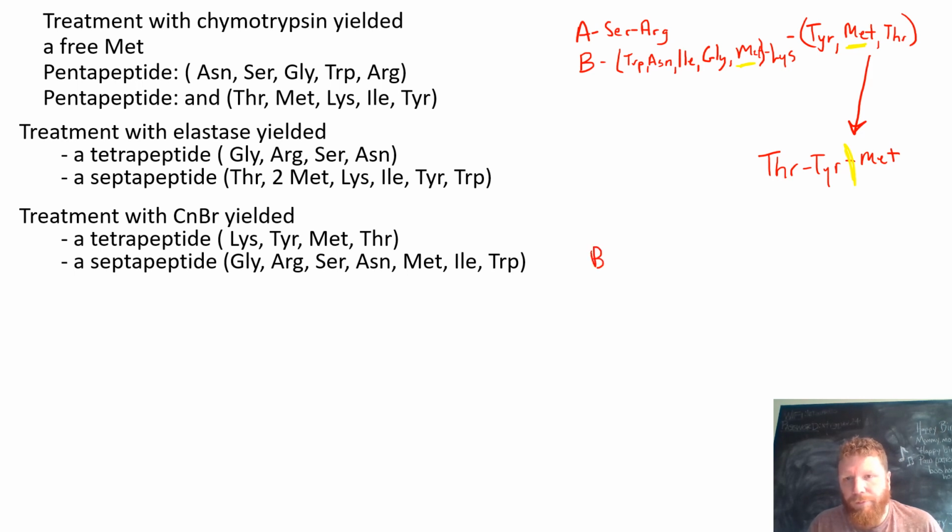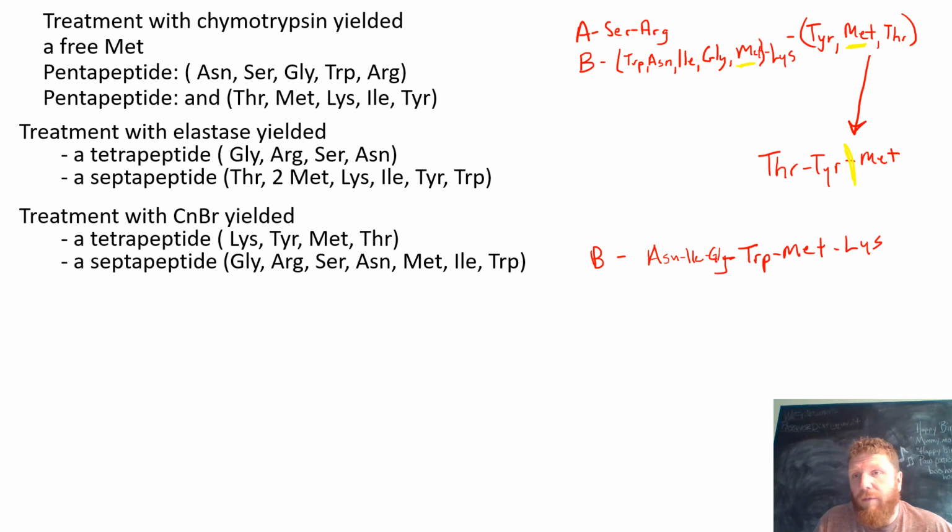Okay, now if we looked at our B peptide there, and keep in mind, this is a completely separate fraction. So you're getting a small fraction of this and you're cutting with chymotrypsin. So let's arrange our B peptide based on what we know from our trypsin digestion. We could have a TRP, MET, and then it doesn't really matter how you arrange the rest of those residues: ASN, ILE, and GLY, and then we have a LYS at the end.